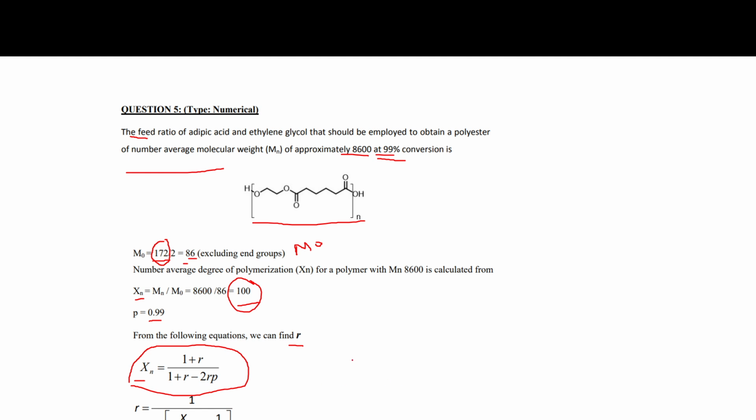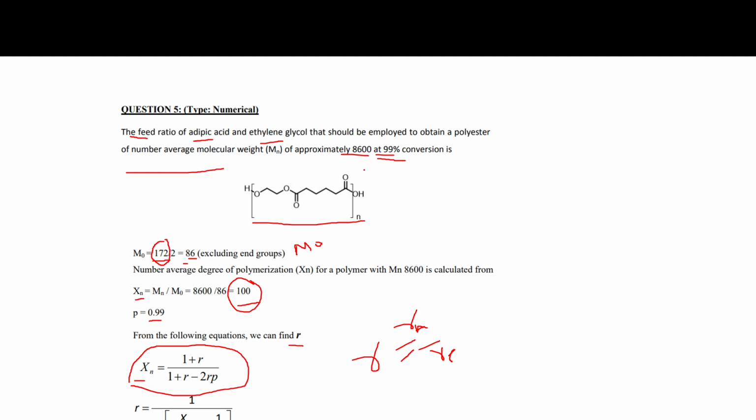What does this reactivity ratio tell? The reactivity ratio is the ratio between the two monomers, adipic acid, Ra, and ethylene glycol, Rb. How much ratio can we take to get this molecular weight, 86,000, at this extent of reaction?